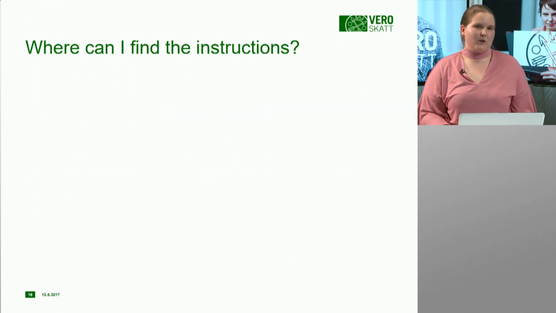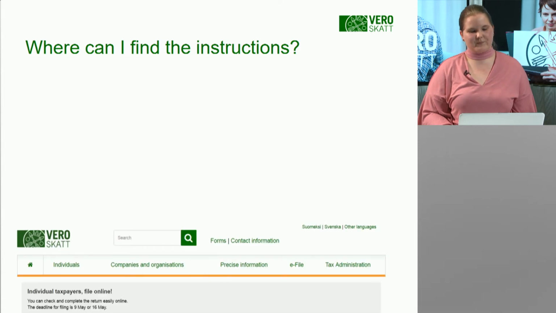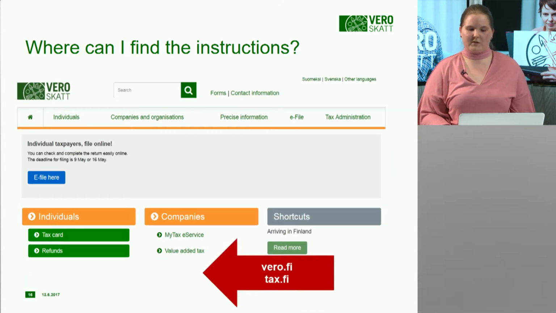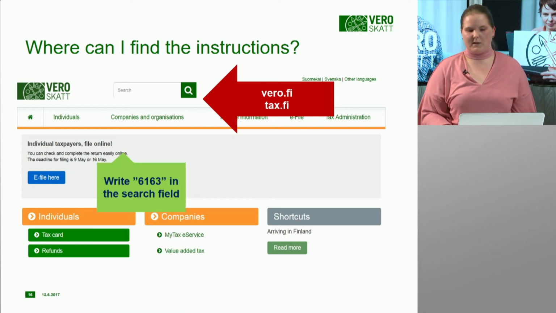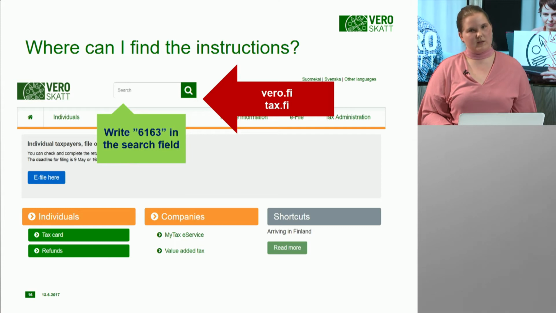I'd also want to go through a little bit where you can find these instructions. I hope most of you already know where they are, but just in case. So first, you would go to vero.fi or tax.fi, and in the search field, you would write 6163, which is the number of the form.